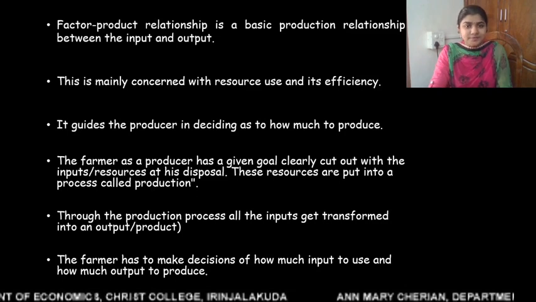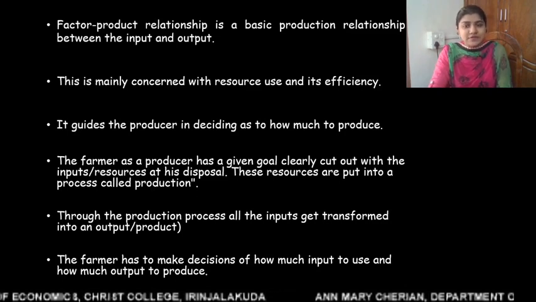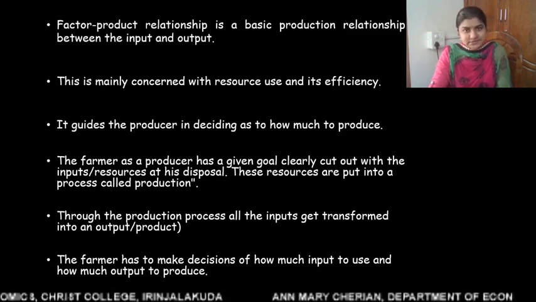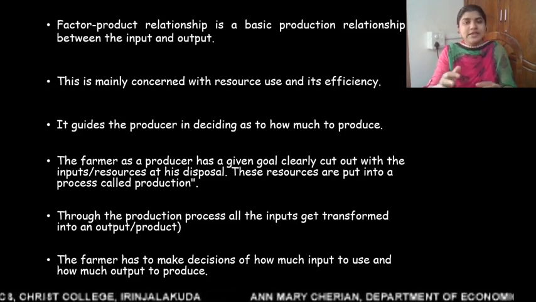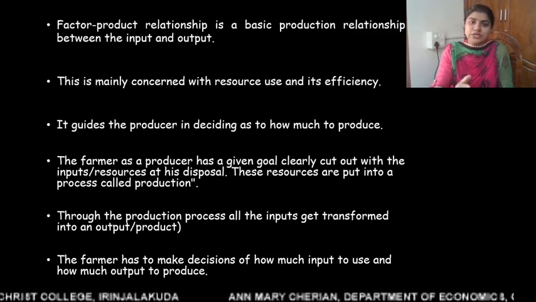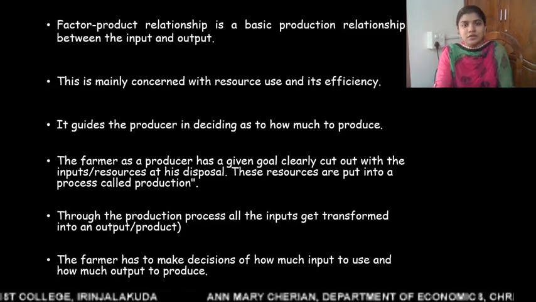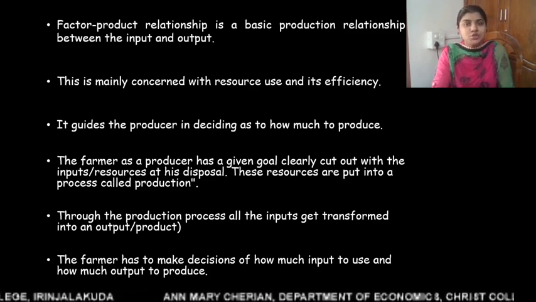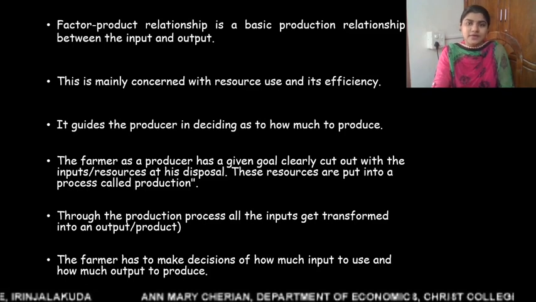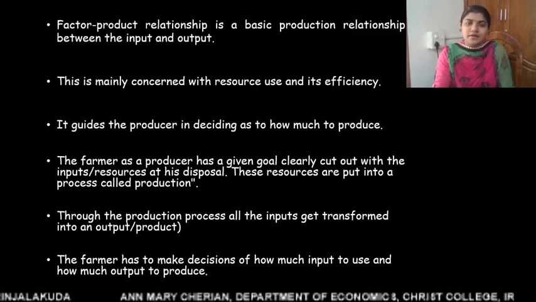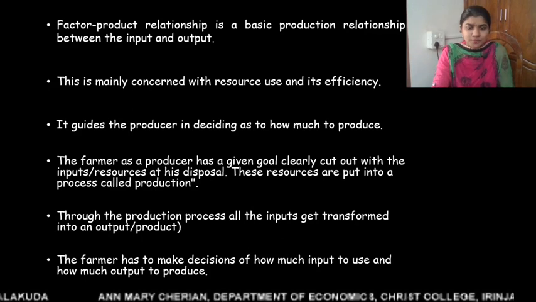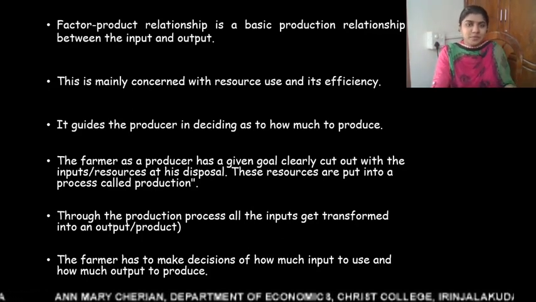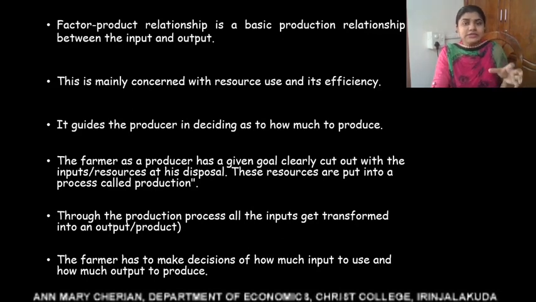So a farmer, as a producer, has a clear-cut goal with the inputs or resources at his disposal. Farmers have limited resources. They usually use resources like seeds, fertilizers, human labor, and so on in order to produce outputs like rice, sugarcane, jute, cotton, and so on.